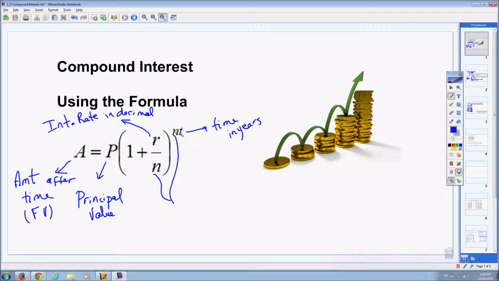So N then is the number of times per year interest is compounded. That's our formula. Now let's put it into action.